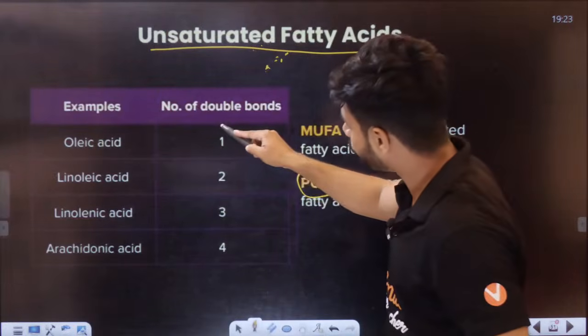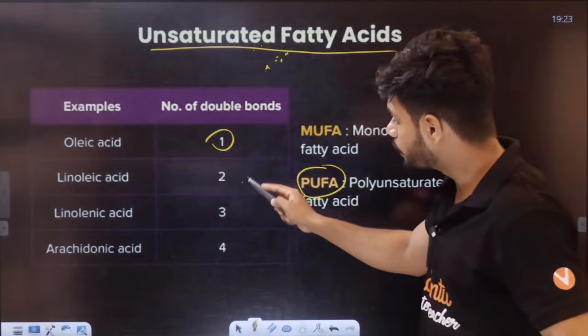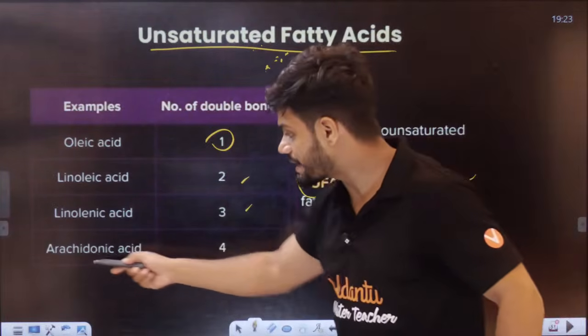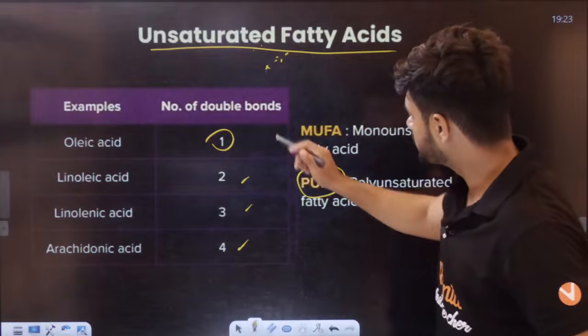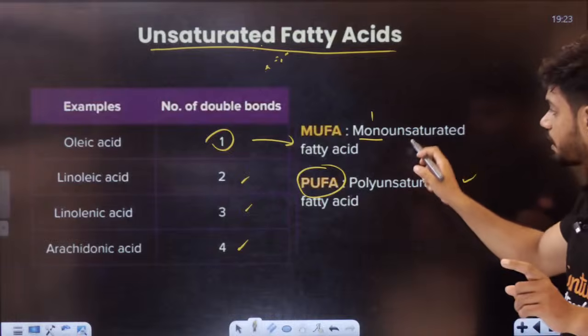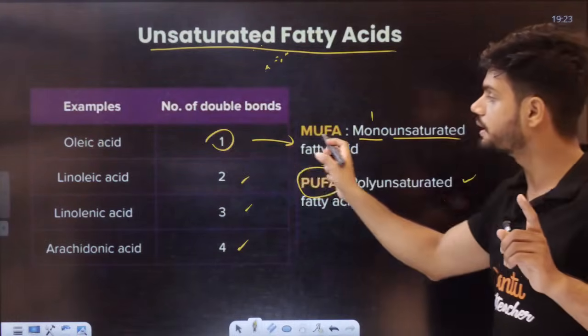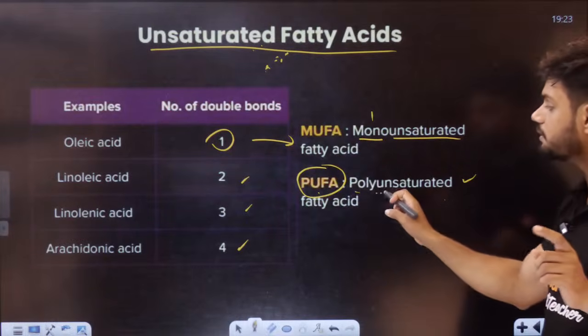Oleic acid has only one double bond, while linoleic and linolenic have 2 and 3 double bonds, whereas arachidonic acid has 4 double bonds. So this one is MUFA, mono meaning one, unsaturated fatty acid. Only one double bond is there, while PUFA has many.